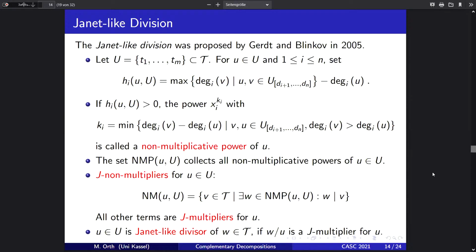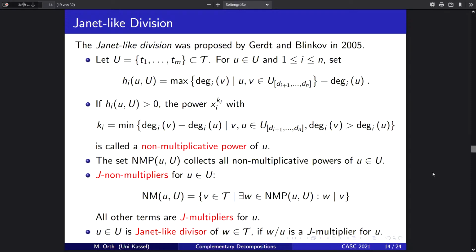The exponent of this power is defined by such a degree difference. We collect all non-multiplicative powers of the term u in the set NMP, and the non-multipliers are then all terms which are divisible by any of these non-multiplicative powers. And the multipliers are then accordingly the other terms, those that are not divisible by any non-multiplicative power.